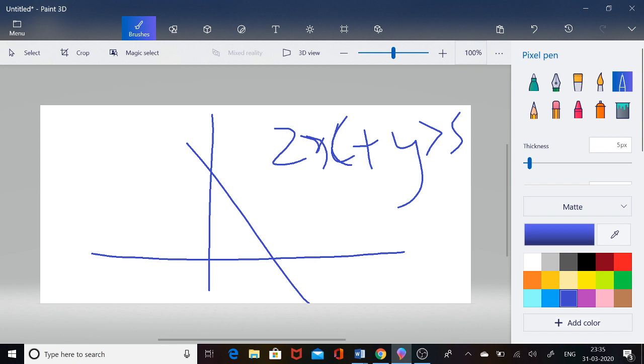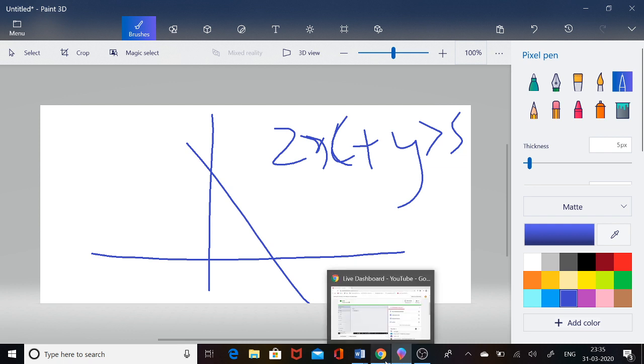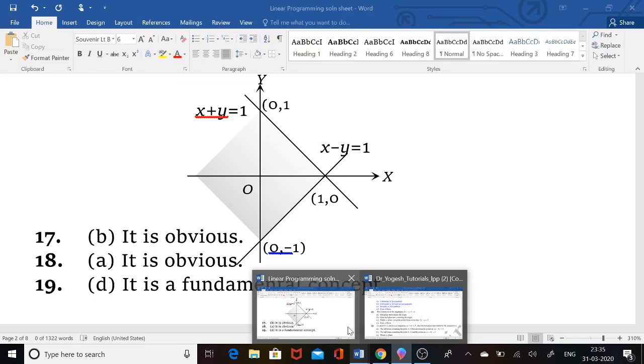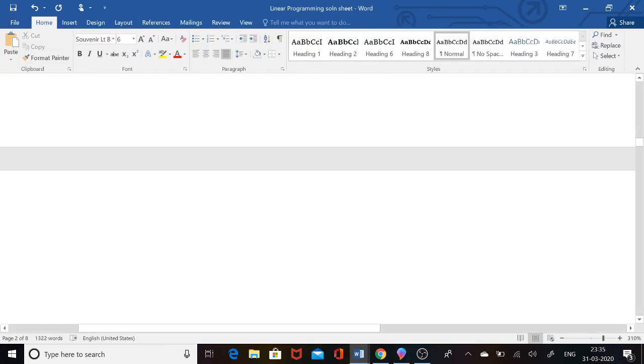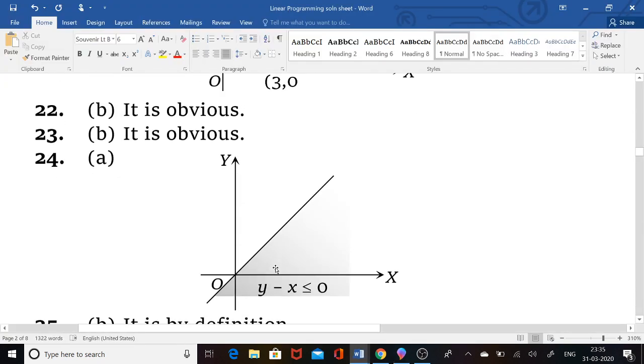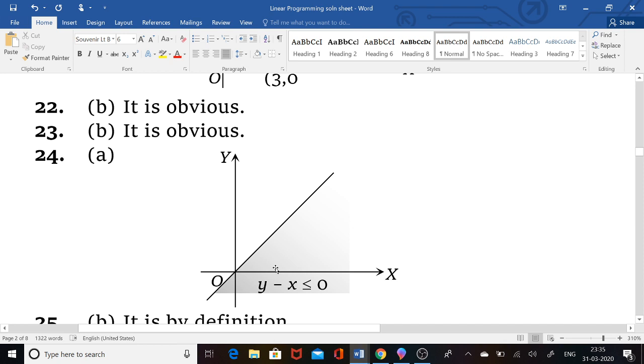I mean, it's not containing the origin for the 22nd. So 22nd is B. 23rd is also B. Hopefully it is correct.